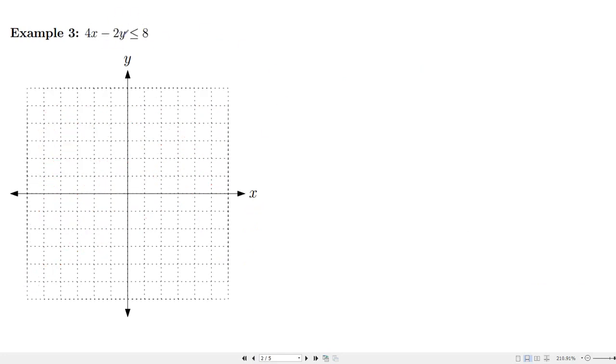For this next example, we have 4x minus 2y is less than or equal to 8. We're going to follow the same procedure, but thinking ahead, because this allows for equality, we're going to use a solid line when we fill in that boundary linear equation. Let's isolate the y. So 4x minus 2y less than or equal to 8.